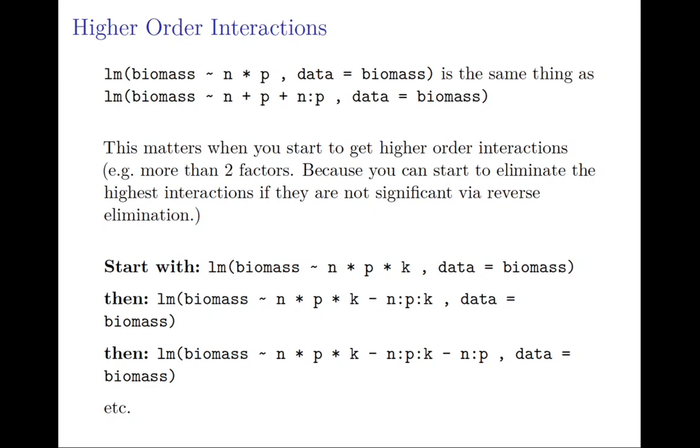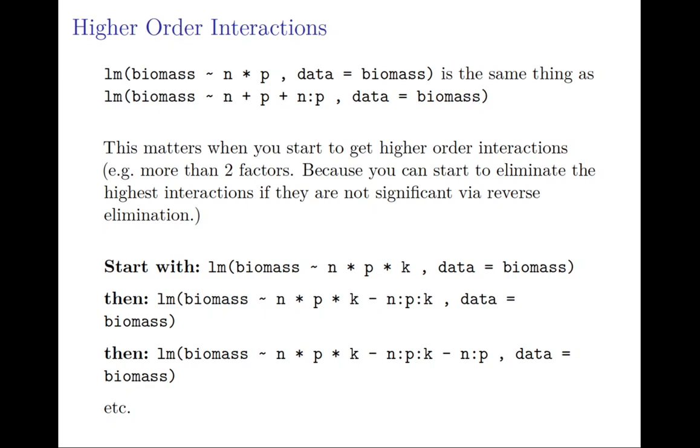If you had 3 factors, and your factors were n, p, and k, your highest order interaction would be n colon p colon k. If that highest interaction isn't significant, you can't interpret the rest of it because that higher order interaction is sucking up all of your variance. And so what you need to do is get rid of that highest interaction and then work your way back.